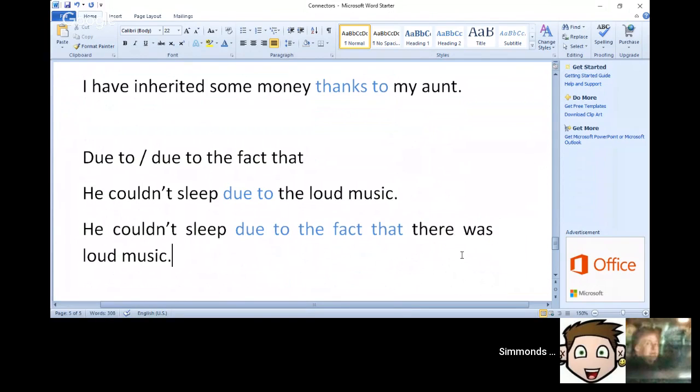So that's why I wanted to put both of these in here. Now, these are both very similar to because of, he couldn't sleep because of the loud music. Now, there's something specific about the structure, and I'm not super clear about that. I think with due to, we need more of a verb after. But here, the loud music, obviously there's no verb here. So there's something different between because of and due to.